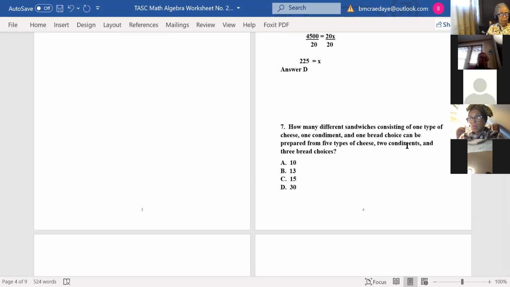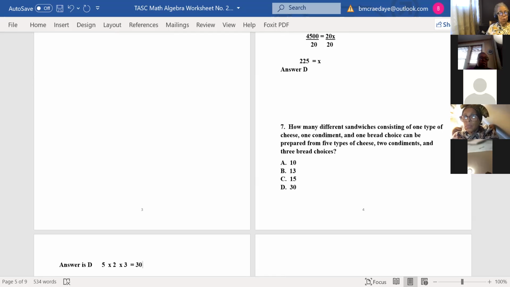Okay. Now, there's another way to work this out that's longer, and we'll look at it, but I want you to really understand it. We call it a tree structure. So this one, we'll just say, okay, the answer is D, and that's 5 times 2 times 3 equals 30.